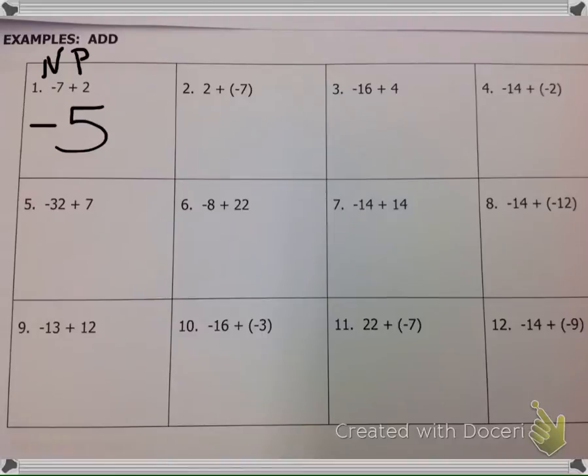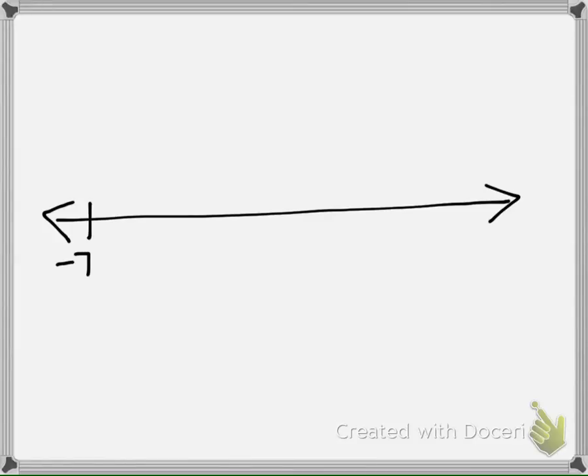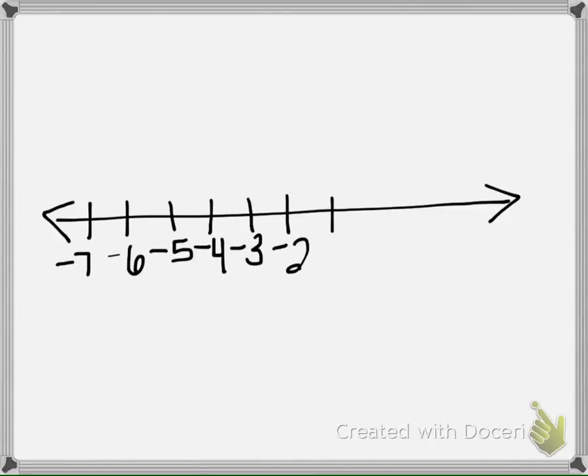Now, I want to show you why this works real quick. I should have left you some room on your paper. If you want to write this on the back, you have some room there. If we had a number line, and this is -7, -6, -5, -4, -2, -1, 0, 1. I hope I made my number line big enough, and I did.